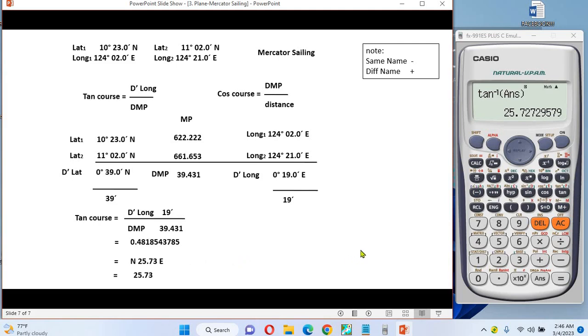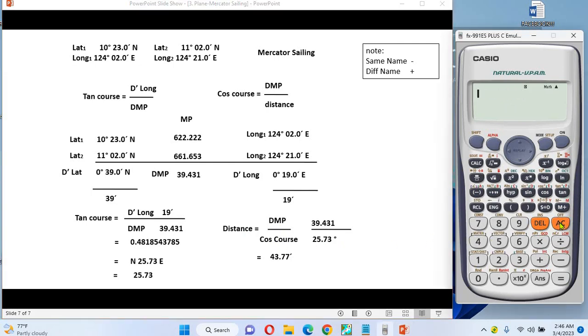Okay, so the distance: enter the formula. The formula says distance is equal to DMP over cosine course. So punch in the numbers: 39.431 over cosine course.